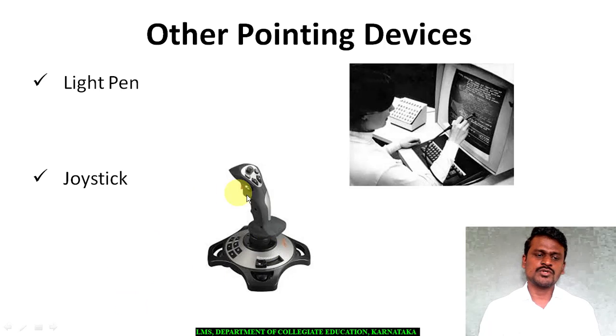So this is also used as a pointing device, and joysticks are mainly used for gaming purposes. Whenever you want to play something on a computer, these levers are used for gaming. And this is about the pointing devices.